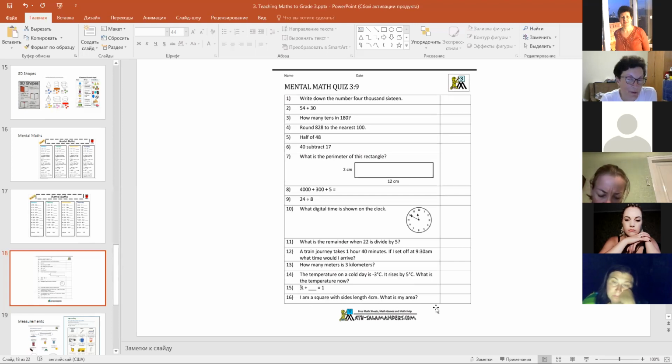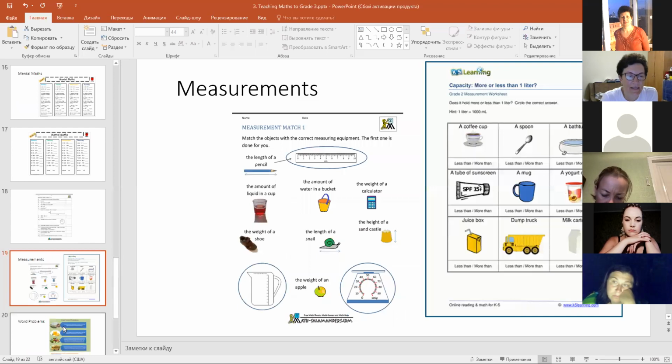What's my area? Again, I don't think we'll do area this year. We'll probably do area next year, but maybe. And the importance of measurements, we already talked about them, and there will be lots of measurements in the 3rd grade.